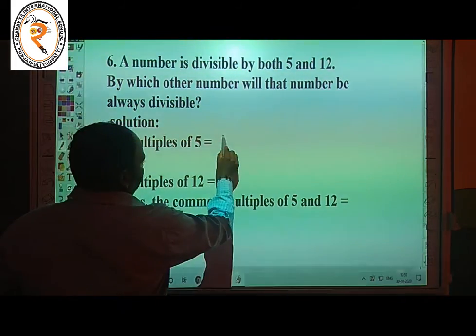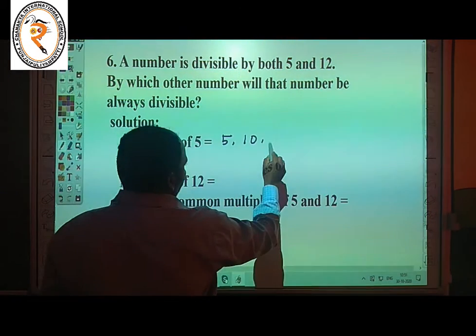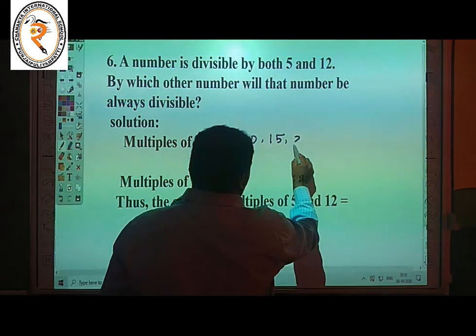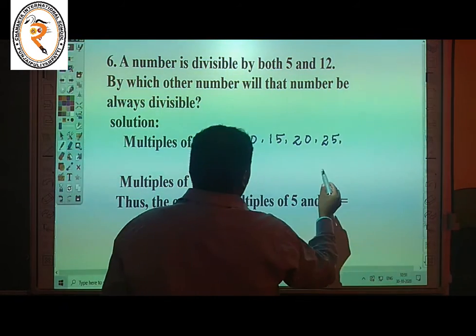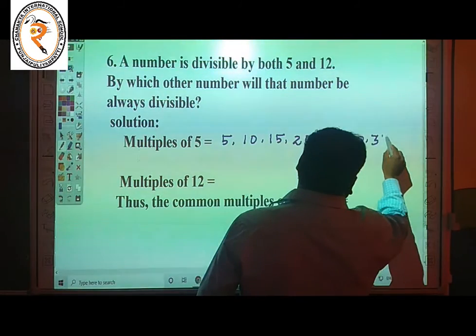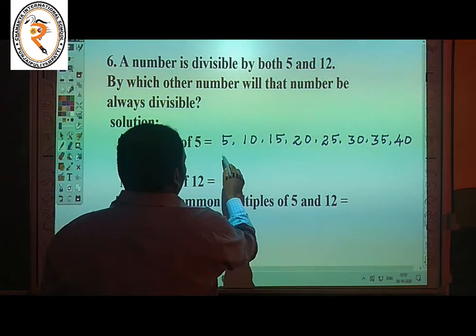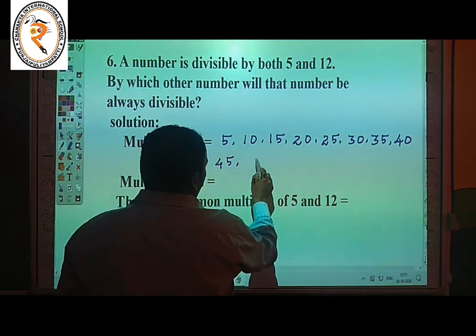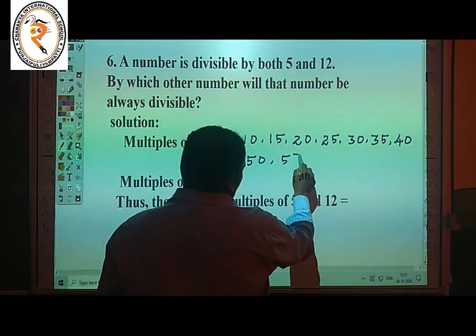1 five is 5. 2 fives are 10. 3 fives are 15. 4 fives are 20. 5 fives are 25. 6 fives are 30. 7 fives are 35. 8 fives are 40. 9 fives are 45. 10 fives are 50. 11 fives are 55.